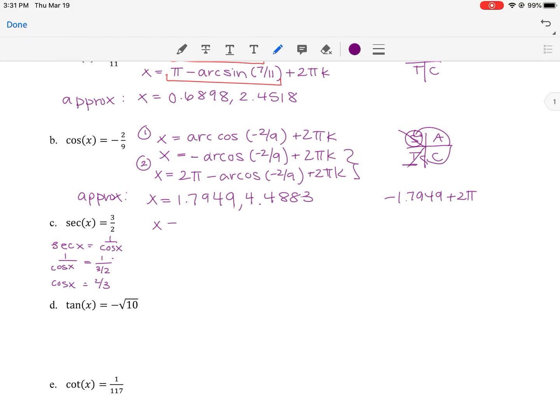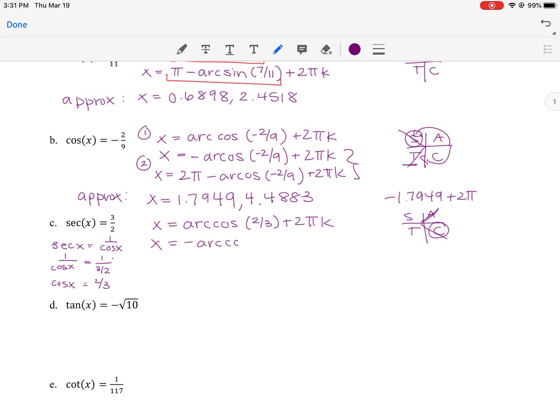So our answer here, if I now think about solving that, is just x equals arc cosine of 2/3. And if I want to represent all of them, I'm going to add that 2 pi k. And then you say to yourself, well, all students take calculus. Cosine will also be positive in the fourth quadrant. So you could say, well, hey, that's the positive angle here in the first quadrant.